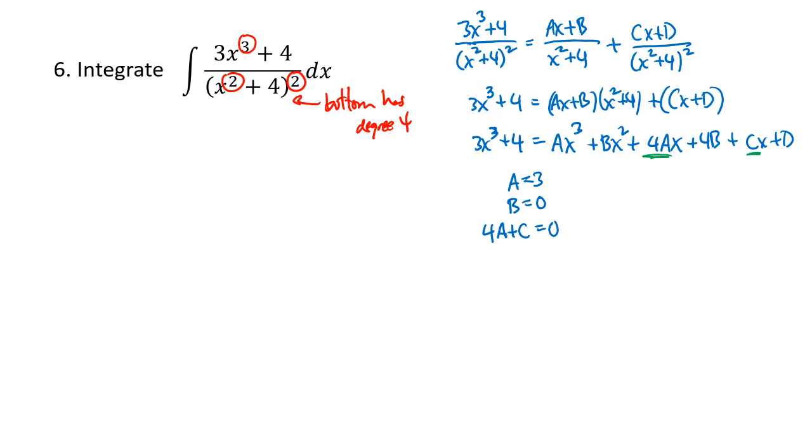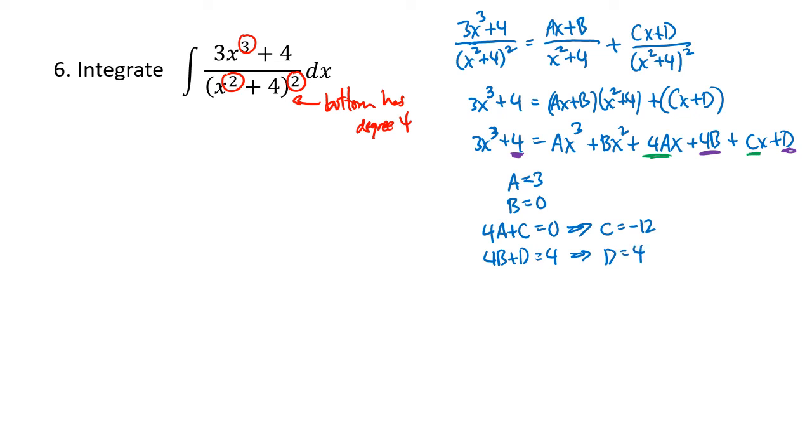And then my constant terms are 4b plus d on the right and 4 on the left, so that means 4b plus d equals 4. So knowing that a equals 3, 4a plus c equals 0 tells me that c is negative 12. And knowing that 4b plus d equals 4 and b equals 0 is going to tell me d equals 4.